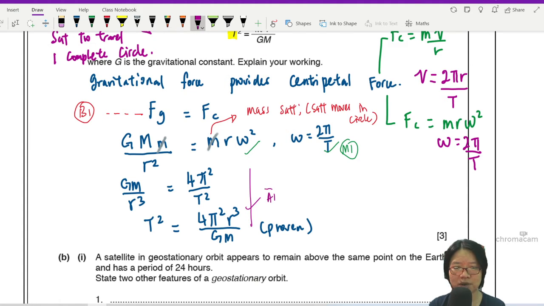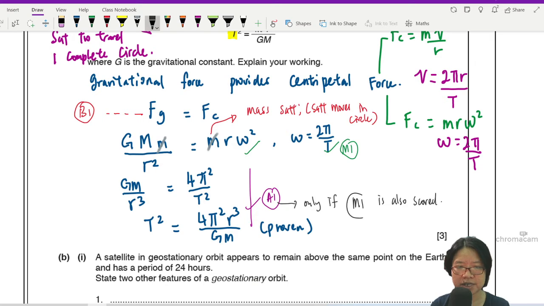So this is A1. Whenever you look at a mark scheme, you will only score this A1 only if M1 is also scored. So basically, if you never start with this, you will not get the mark.